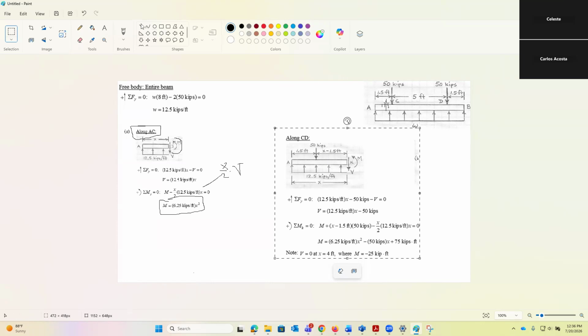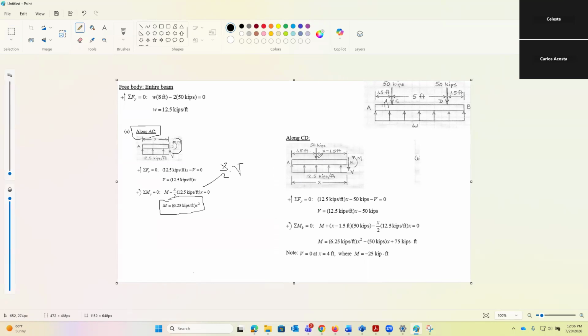So this variable distance right here is x minus 1.5. Why? Because 1.5 is fixed, and x is the variable one. So if this was 3, it will be x minus 3. If this is 1, it will be x minus 1. If this didn't exist, it will be just x. Okay? So x minus 1.5 is this distance. So we're doing 50.